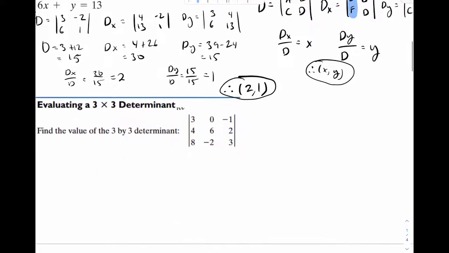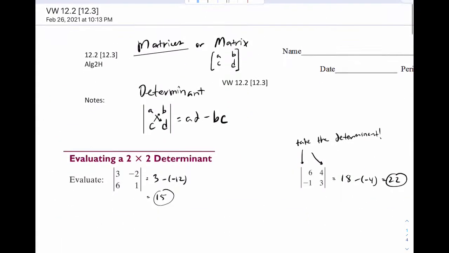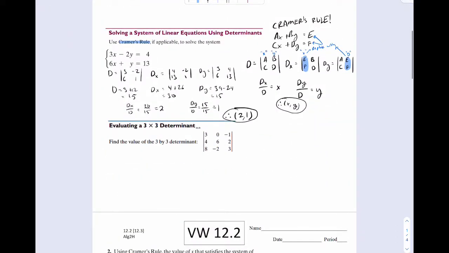And the final step is a 3 by 3 determinant. So notice how this rule I gave you is good for 2 by 2, meaning 2 rows and 2 columns. Now, when you get to PreCalc, you're going to learn a more advanced way of doing this.